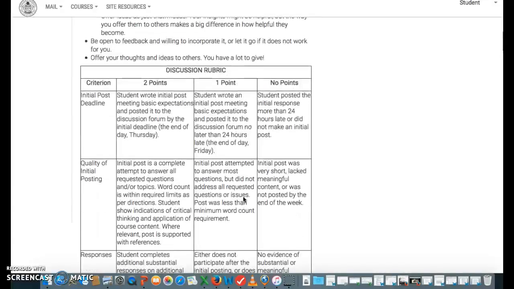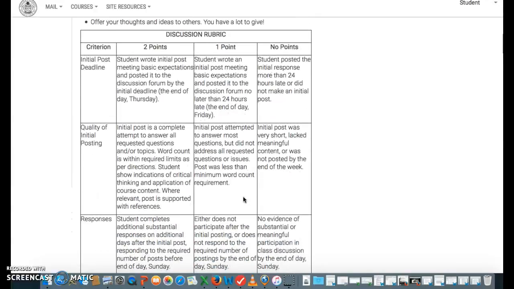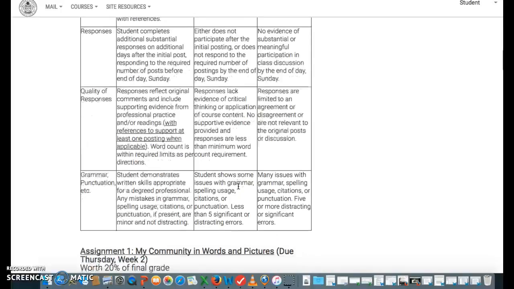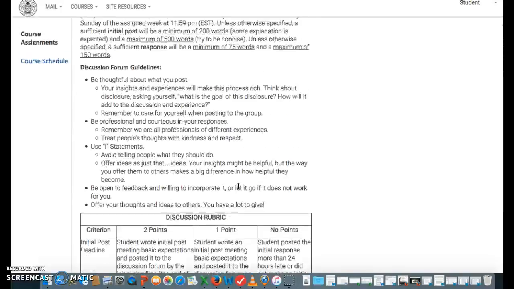Beyond the discussion, and again, the rubric is right here for you to really see how you can score high on all the discussion posts, and the guidelines for how to post, being thoughtful, being respectful, showing kindness. There's going to be a difference in ideas and opinions, and that's just what they are. They're ideas, and so we want to be respectful of all of those.